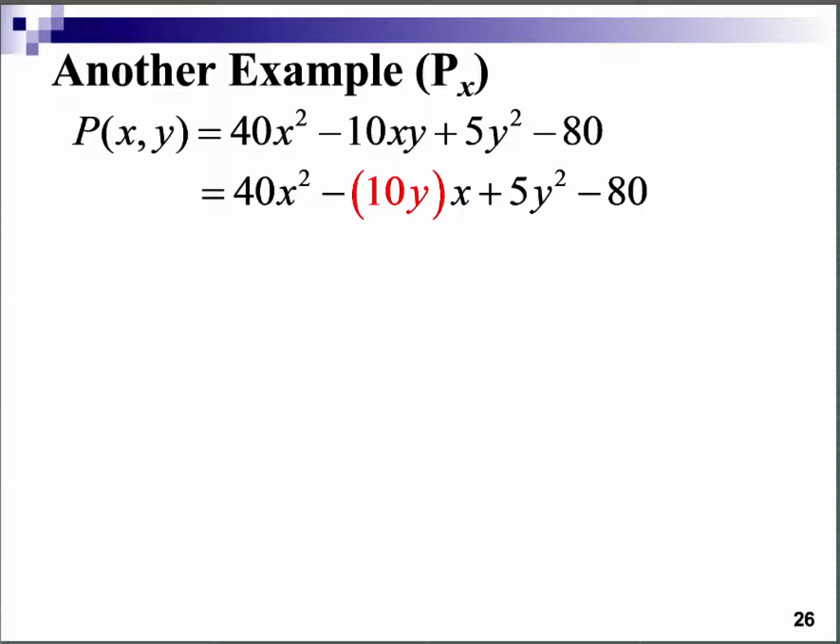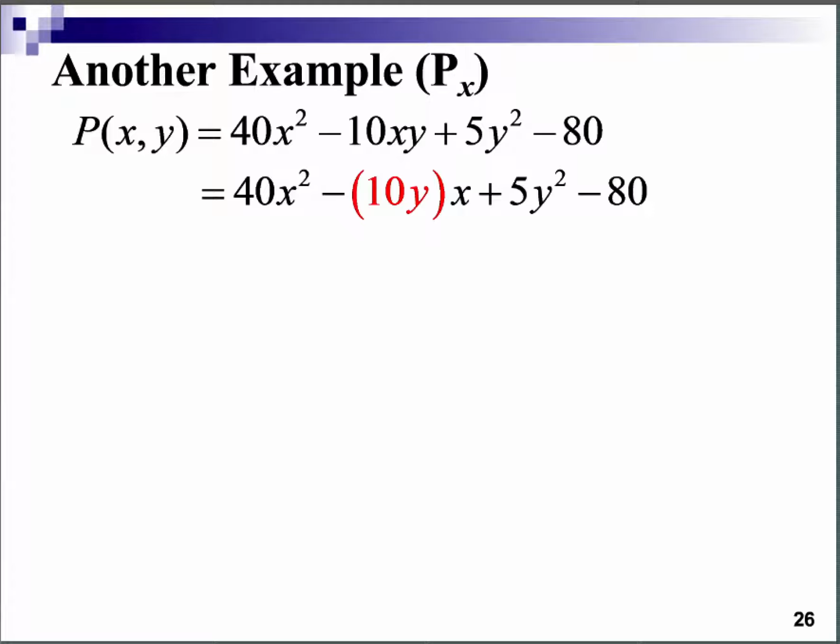The y, because it's behaving like a constant if we're taking the partial with respect to x, is also a constant factor. So y and 10 together, when multiplied, are considered to be a constant. So we put them in parentheses to remind ourselves all of this is a constant. And outside of that parentheses, we put the variable piece, the x. The last two terms we don't have to worry about because they're not mixed terms, so we leave them as they are.